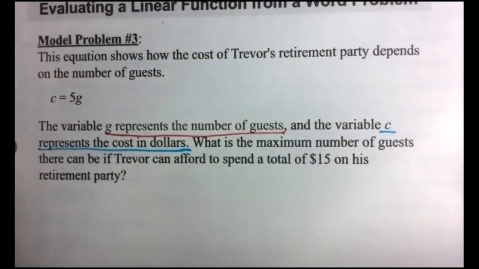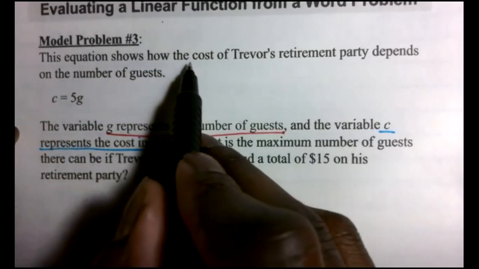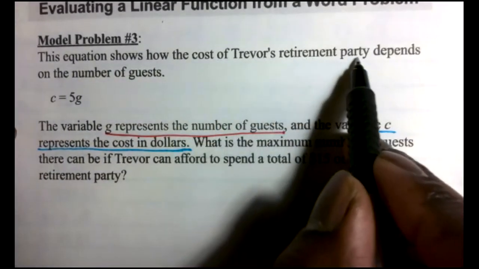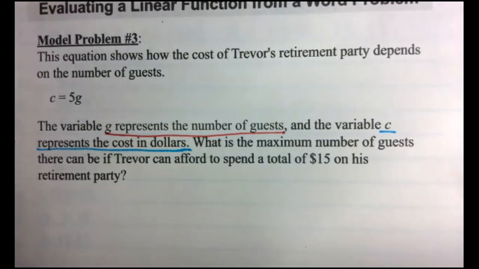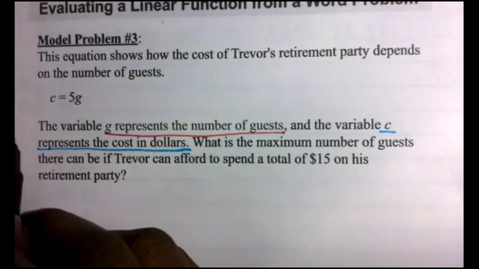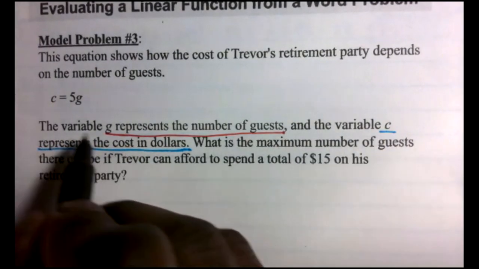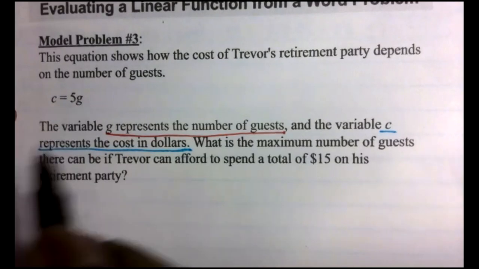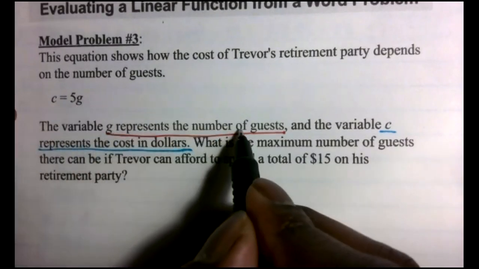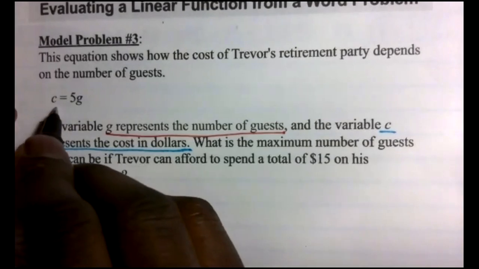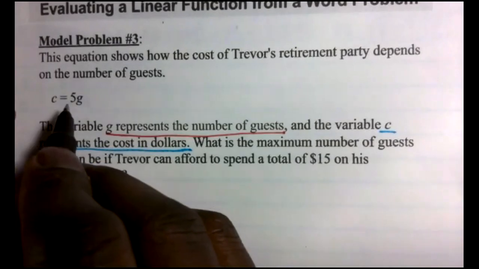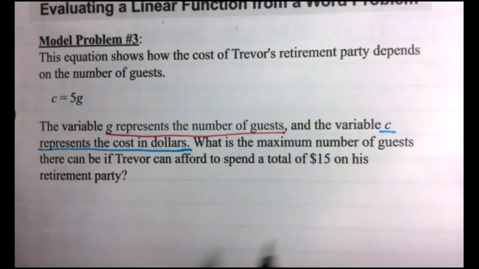Model problem 3. This equation shows the cost of Trevor's retirement party depending on the number of guests he can have. They tell us that C represents the cost in dollars and is equal to 5 times G. G represents the number of guests.